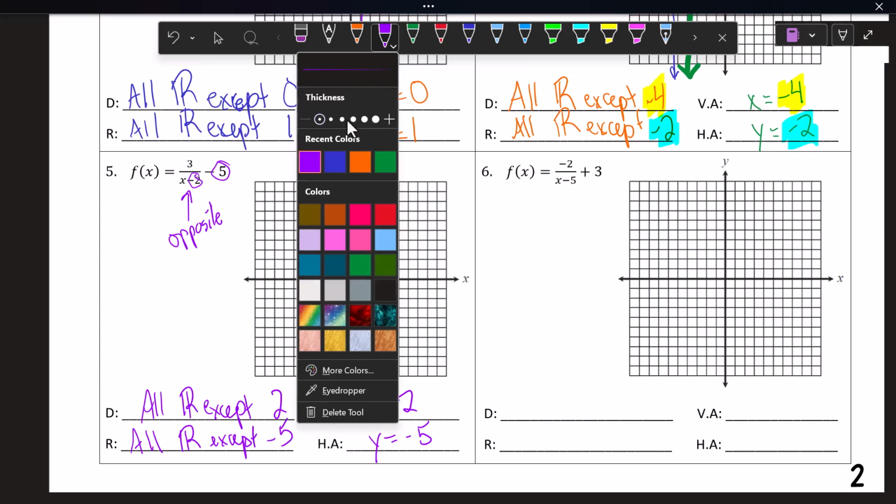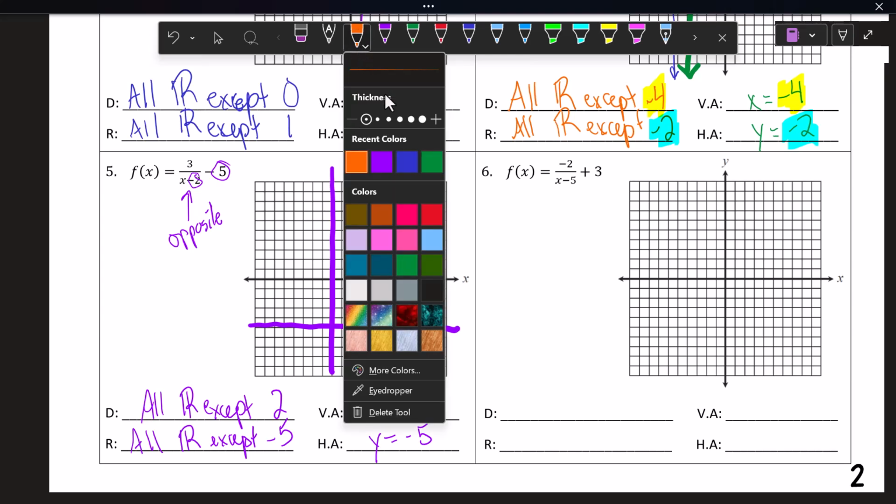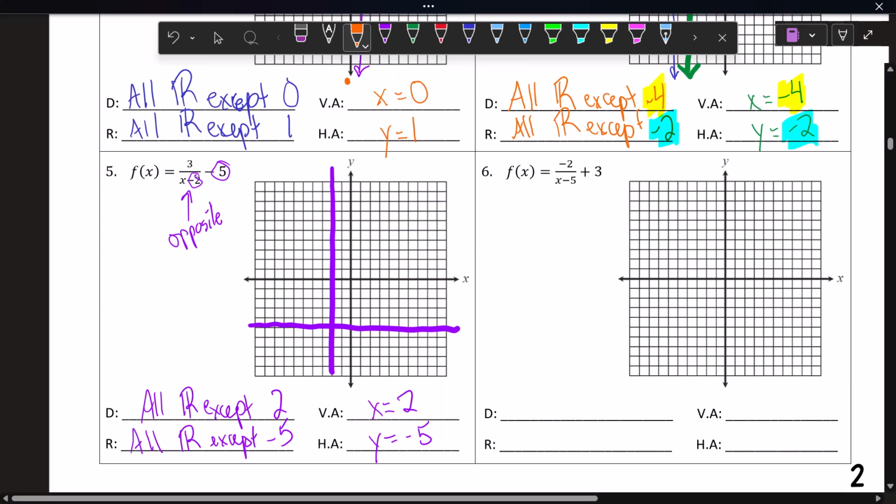So we got asymptotes there at x equals 2 and y equals -5. There is a stretch, but it does not say anything about a reflection. It's still up this way, and this way, and a little bit this way.